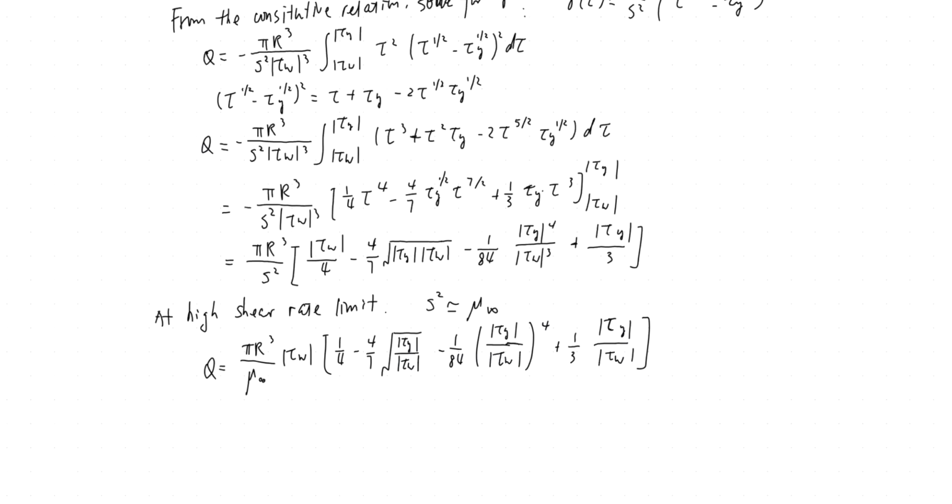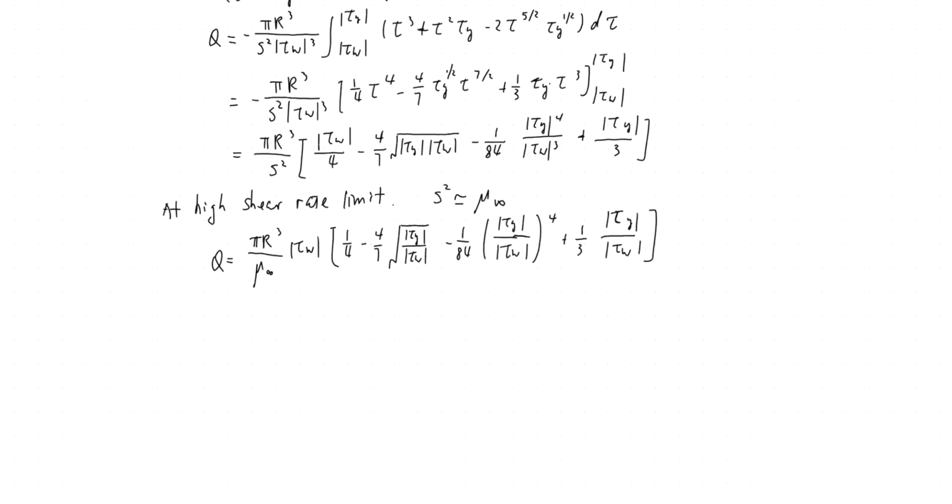Now, if you feel more comfortable working with pressure drop instead of wall shear stress, feel free to do that. In that case, recognize that the magnitude of tau_w is R delta P divided by 2L.